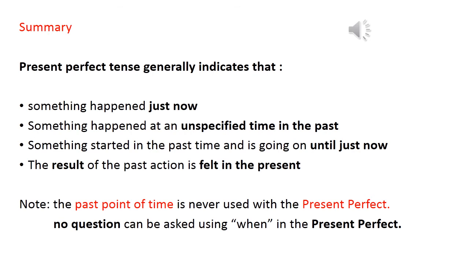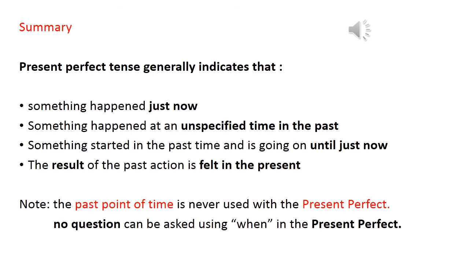Now, I cannot say a sentence like this. For example, I have done this work last week. Now, this would be a contradictory situation. I have done, present perfect tense. Last week is a specific past point of time. So we cannot use the present perfect in such a manner, and we have to be very careful.